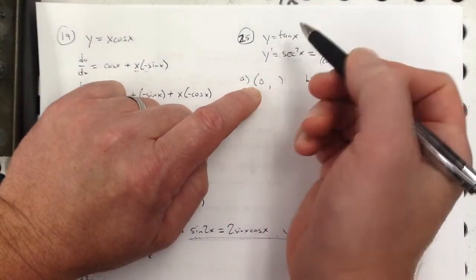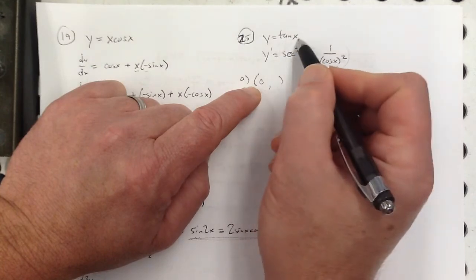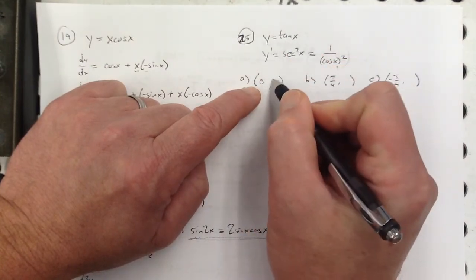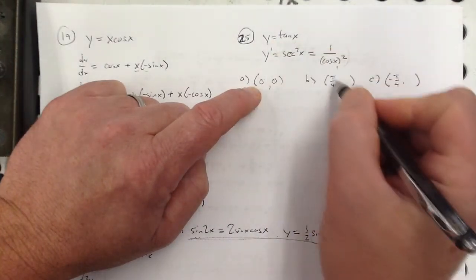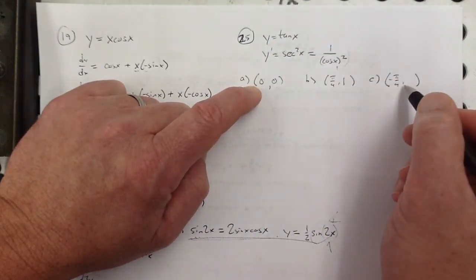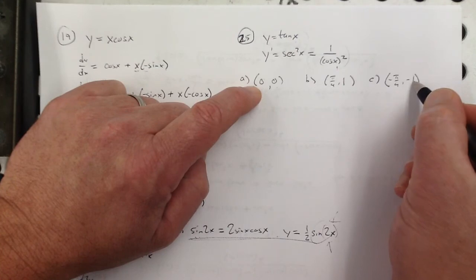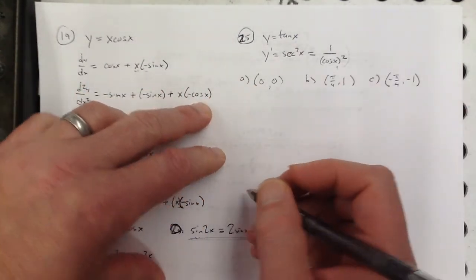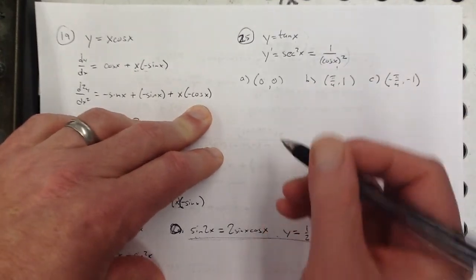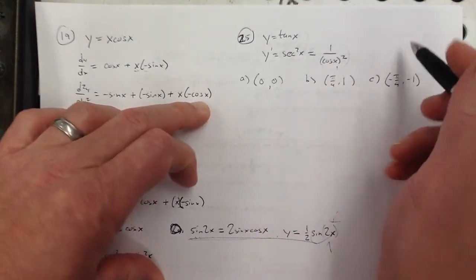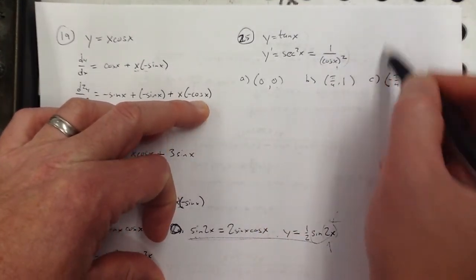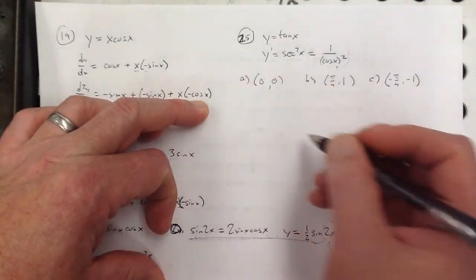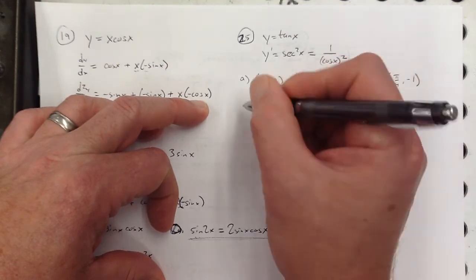To find the y-coordinate, you just do what you've always done, plug the x-coordinate into the original function. Tangent of 0 is 0, tangent of pi over 4 is 1, tangent of negative pi over 4 is negative 1. Those are things we should know or be able to easily reconstruct from a mental picture of the unit circle. If you needed to draw one, I guess you could, but that's going to slow you down in the long run if you have to do that every time.